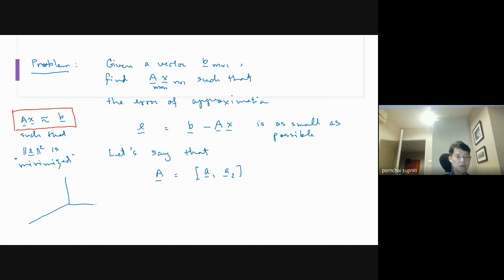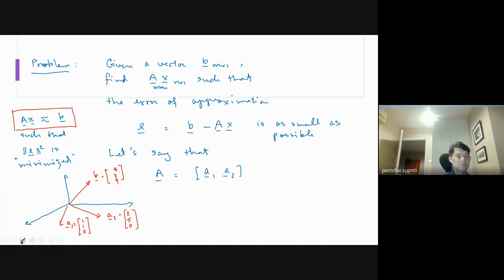So we can take a look at this type of approximation. Maybe the vector b that we want to approximate is equal to a vector, say 4, 3, 9. And for the vectors a, we have a1 and a2. Maybe a1 is equal to 1, 1, 0, and a2 is equal to another vector, which is 2, 5, 0.